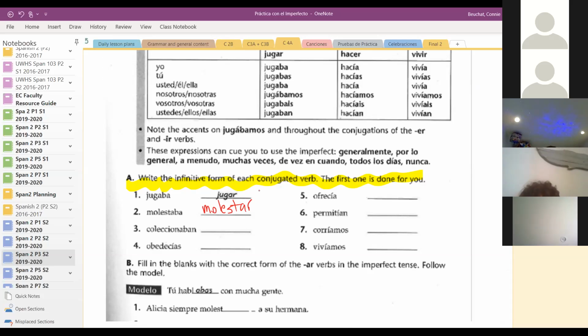Yeah, so when young siblings are bothering each other, they're fighting, they're bothering, right? That's the meaning. Okay, so what is the answer for number 3, Bora? Coleccionar. Bien. Coleccionar, also in your vocab list, meaning to collect. Josh, what do you have for number 4?